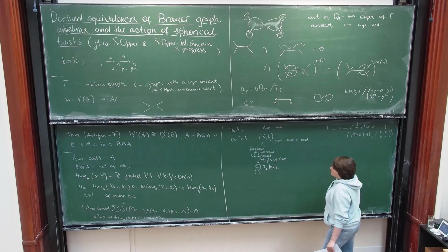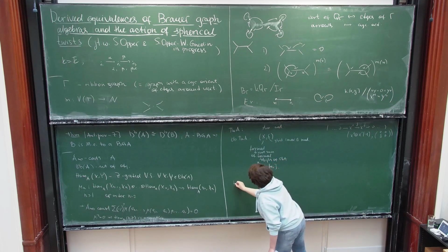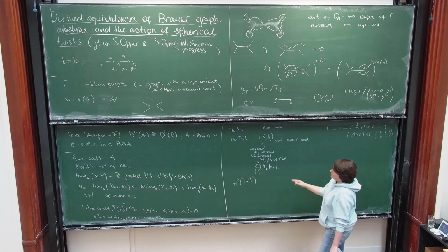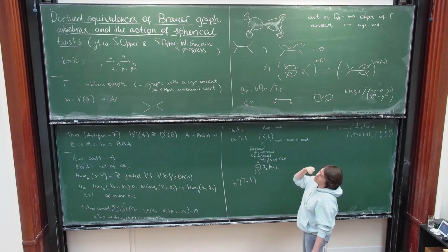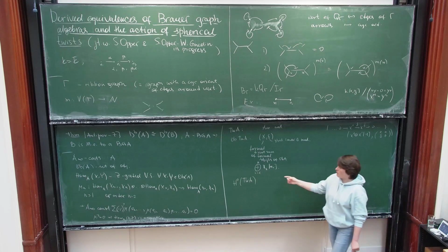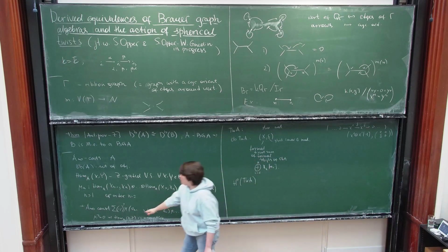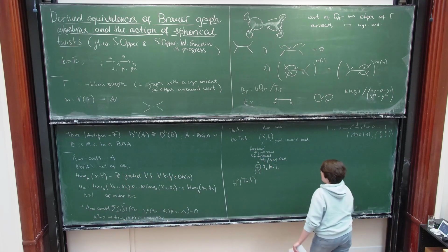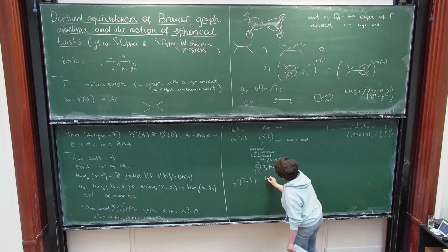And to this A-infinity category one can associate its zeroth homology category. Here we just take the same objects, and the morphisms are going to be the zeroth homology groups with respect to the differential coming from the infinity structure. And this is always triangulated.